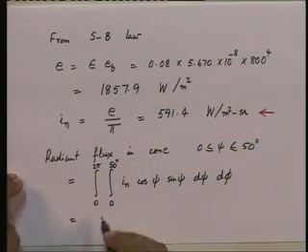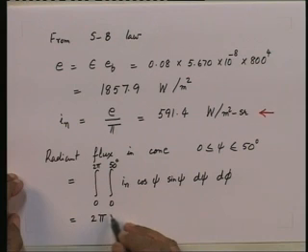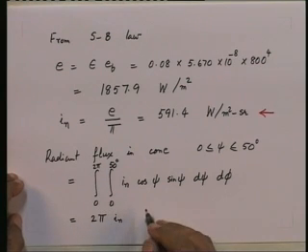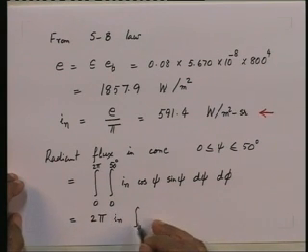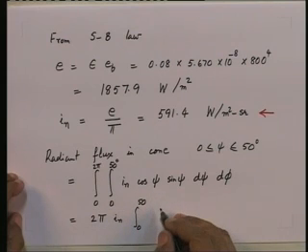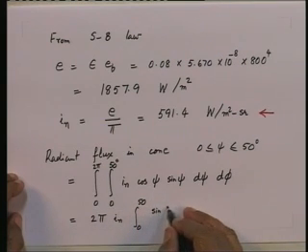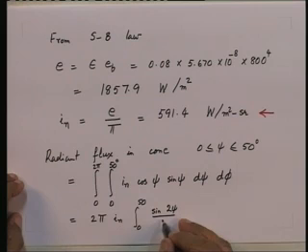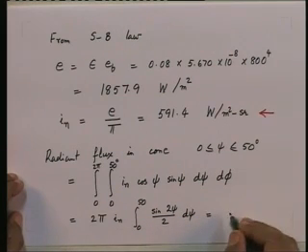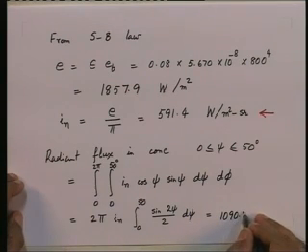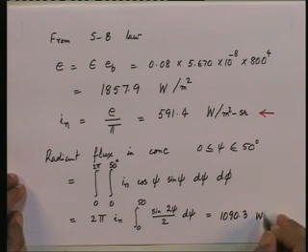Now, this is an extremely trivial integral to do. All that we will get is this is equal to 2 pi I n, the integral 0 to 50 of sin 2 psi by 2 d psi, and that comes out to be 1090.3 watts per meter squared.